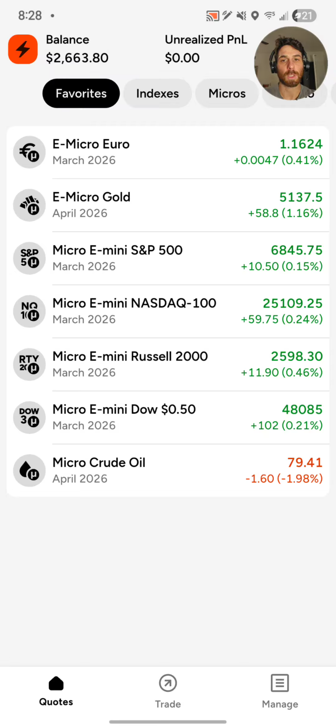It's $200 to trade gold for the day. The initial margin requirement during the day is 200, and then if you hold it during the closing time from 3:45 to 5 p.m. Central Time, then you would need the full initial margin requirement, which is much higher, over 5,000.